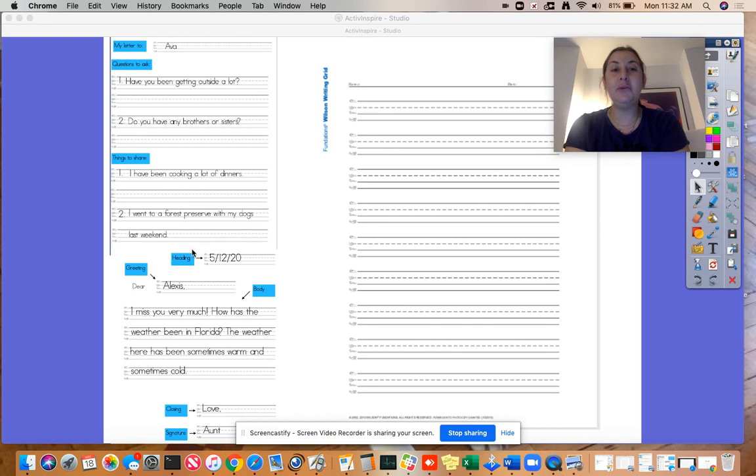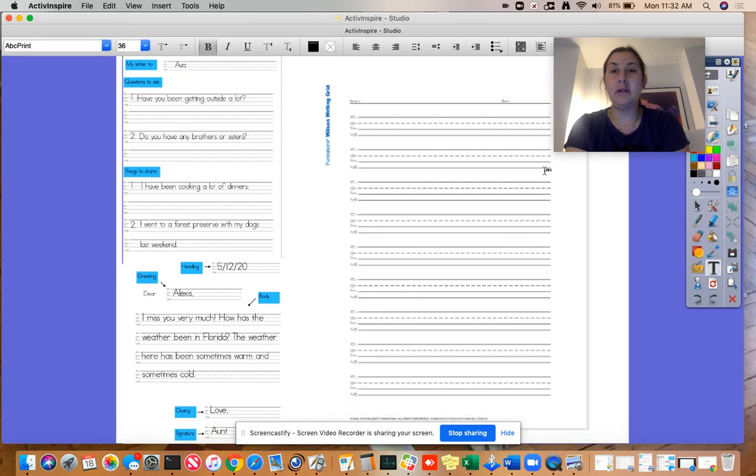So here's what we're going to do first. We are going to look at our sample letter, and we'll notice that the first thing that we do when we're writing our friendly letter is the heading. We write the heading, which is the date. And you'll see that in the letter that we used at the beginning, the date is in the top right-hand corner. So I'm going to go ahead and write my date, which is 5/19/20, May 19th, 2020.